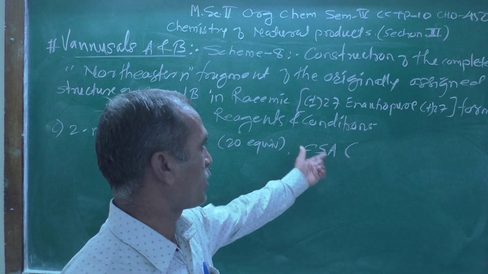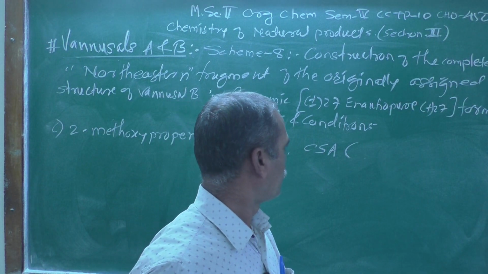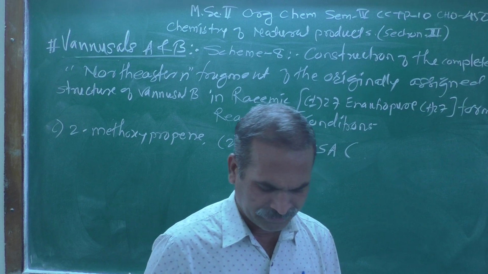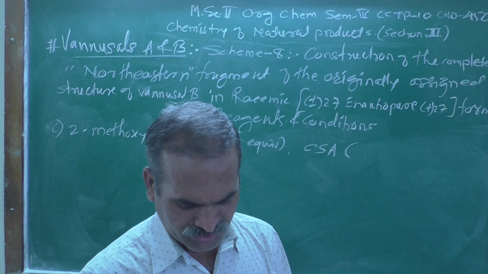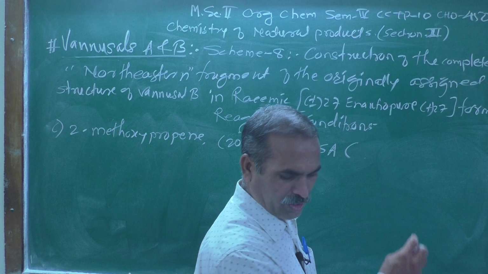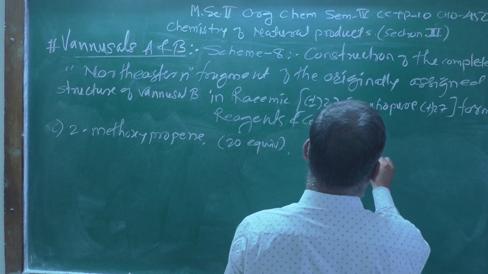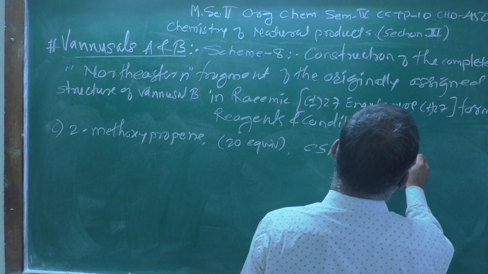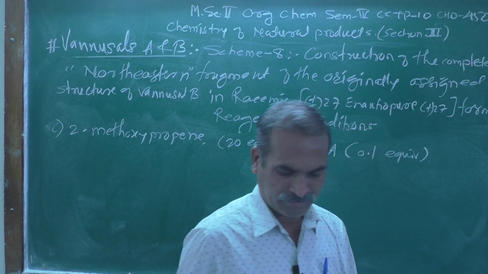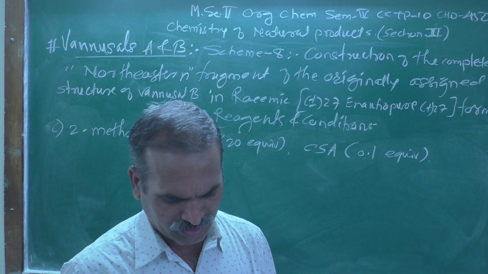CSA is nothing but camphor sulfonic acid, which is taken at 0.1 equivalent.